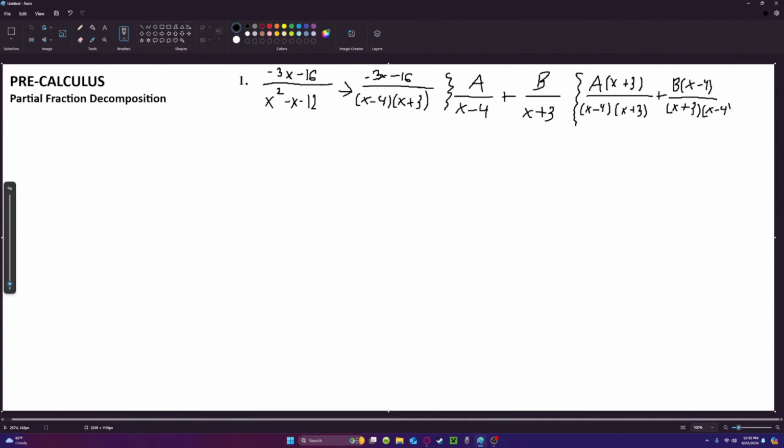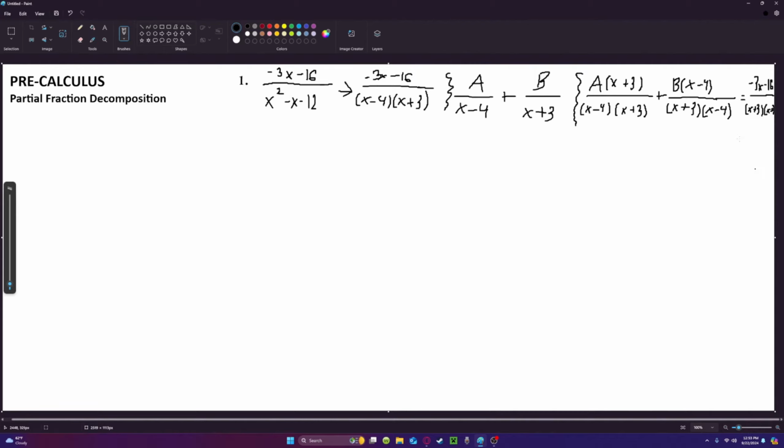And then this is actually equal to the negative 3x minus 16 over x plus 3 and x minus 4. I'm not going to have space to write it, but you get the idea.